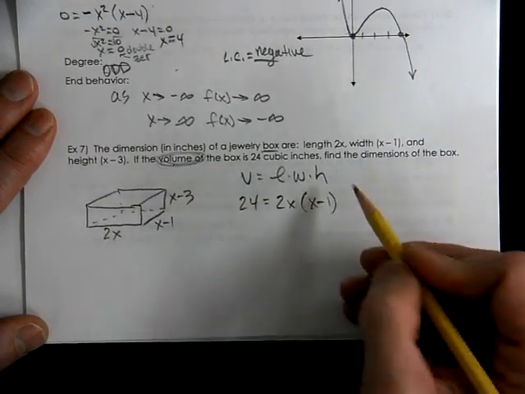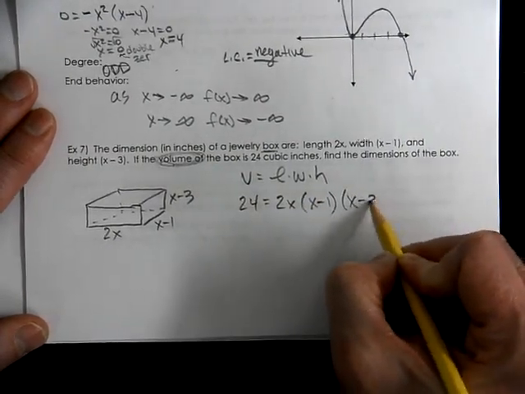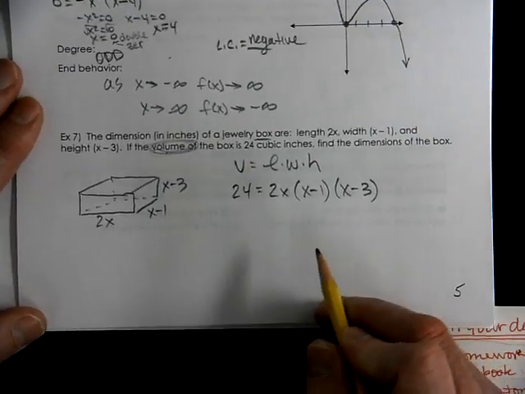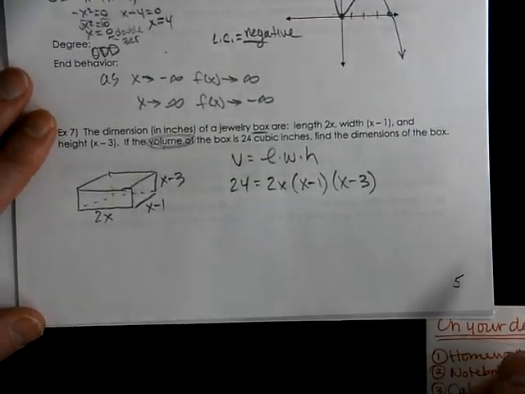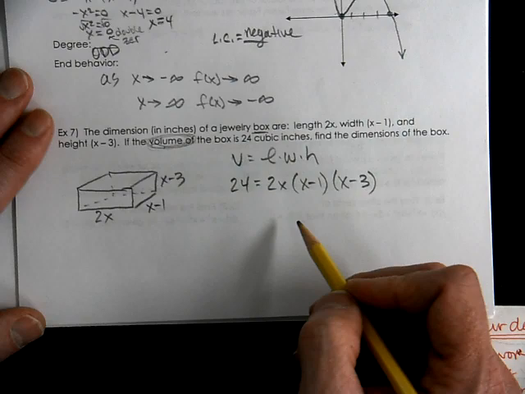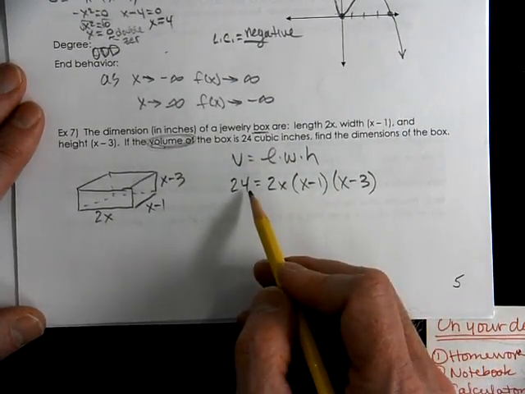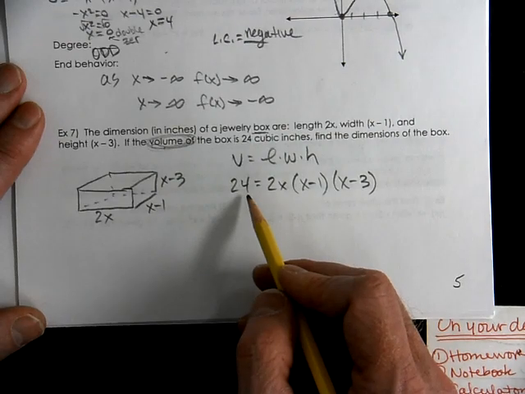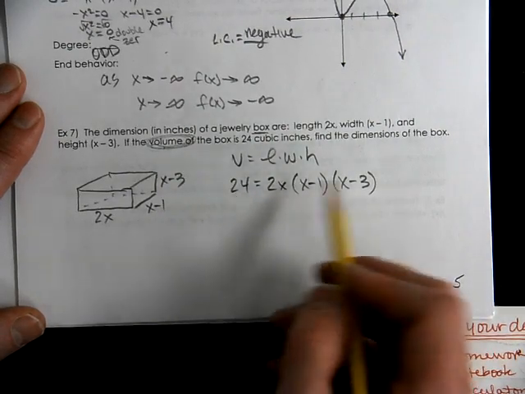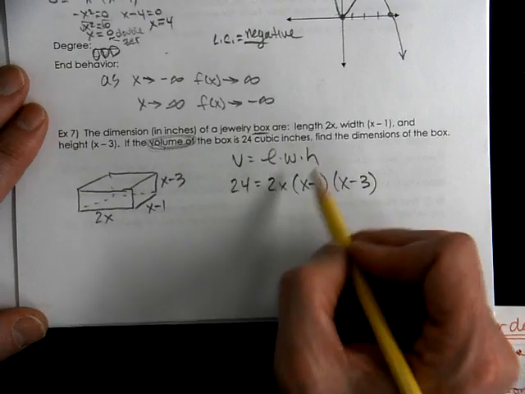Then one of my binomials, then the other binomial. Many different ways you could think about this in terms of multiplying. We cannot set each of these terms to equal to 24. That's the common mistake. You've got to move everything over to the same side of the equal sign.